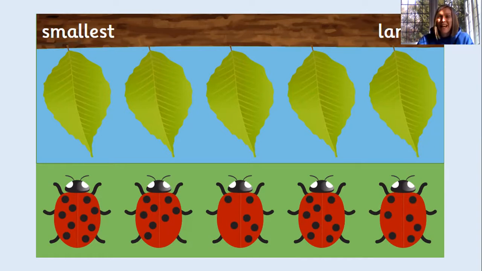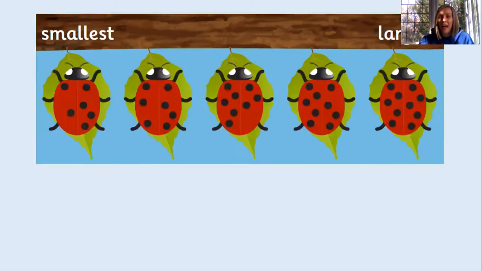Brilliant job, everybody. Now let's have a little look at how I ordered them. I've had a go at counting up the spots, and this is how I've ordered them from the smallest to the largest, the biggest number. I started with the number 6. So I've counted up my spots, 1, 2, 3, 4, 5, 6, and I've put the number 6 first. Then I counted the ladybird that had 7, and I put that one next.